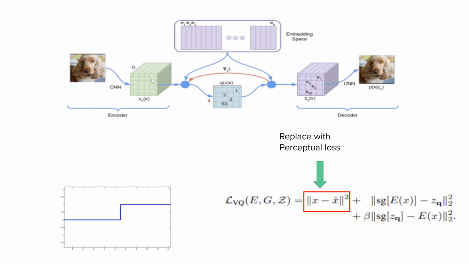But there is another role of the third term, apart from optimizing the encoder. That is because here we are training both the codebook and the encoder, and their training rates can be different. If the training rates are different, it can cause other problems.